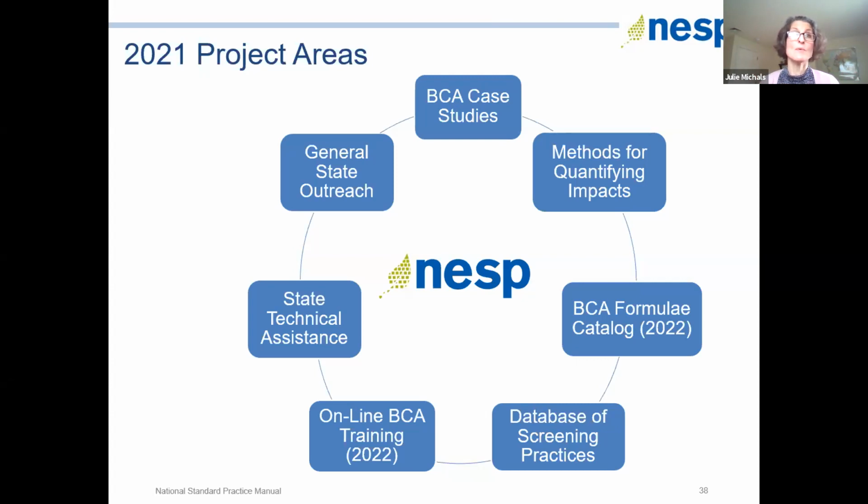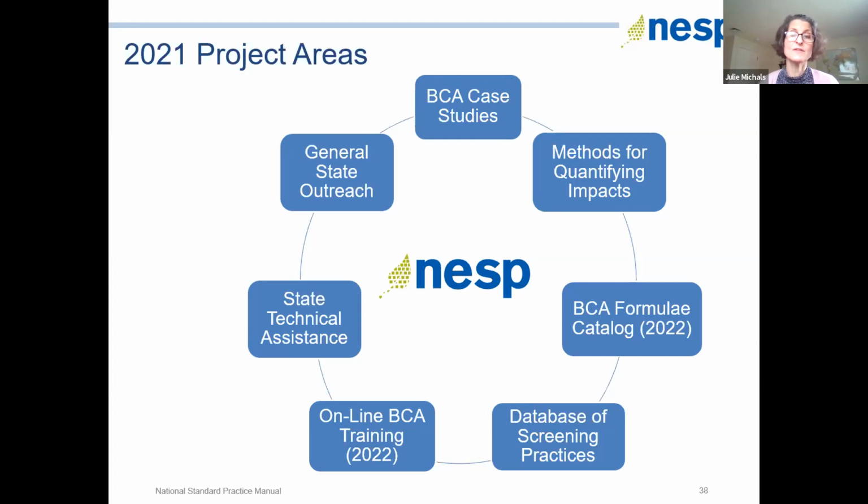We are deferring to next year some work on developing a complementary BCA formula catalog for the NSPM. We are also aiming to launch an online training effort, again something we had hoped to get off the ground this year, but more likely next year. And if you haven't already seen our database of screening practices, this is an online tool that we have on the NESP website.